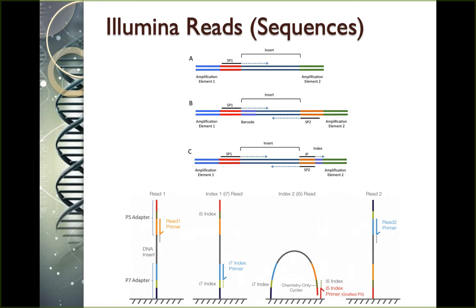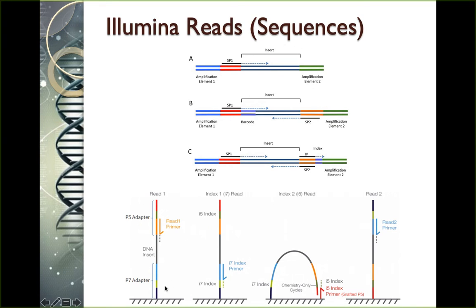One thing that's important to realize is what the data looks like that you're getting off these Illumina reads. What does it look like when it comes off? If we think about what we're sequencing, we're actually sequencing a read that looks like this, that has some sort of amplification element at either end.